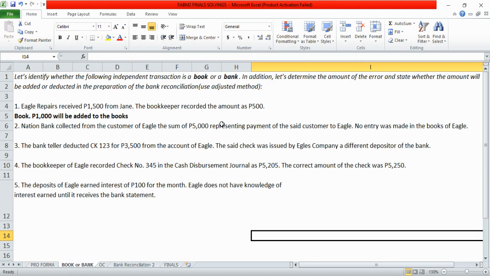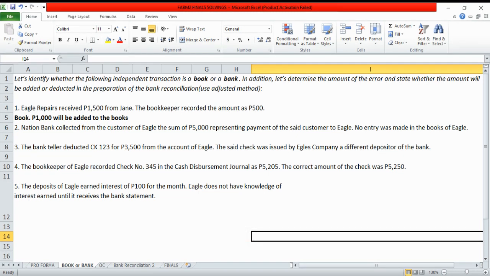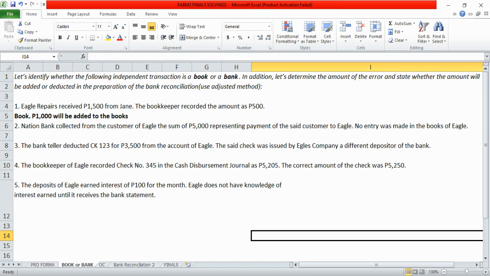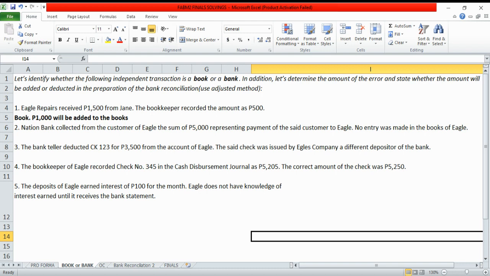So we have here an example. First, Eagle Repairs received 1,500 pesos from Jane, and the bookkeeper recorded the amount as 500 pesos. This is a book item, and 1,000 will be added to the books. How?